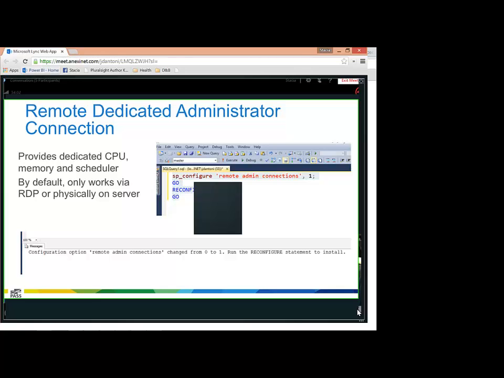So what we're configuring here is the remote dedicated administrator connection, which allows us to pass in those admin credentials remotely from SSMS. So we could be running SSMS local on our desktop, use that admin connection, and take advantage of the extra resources that SQL Server is allocated. And typically, you're just going to use this to kill whatever is killing your server.